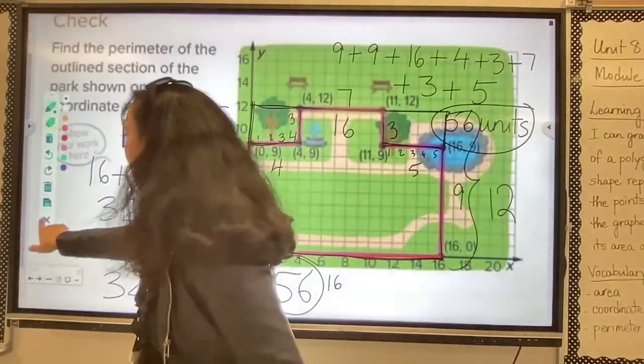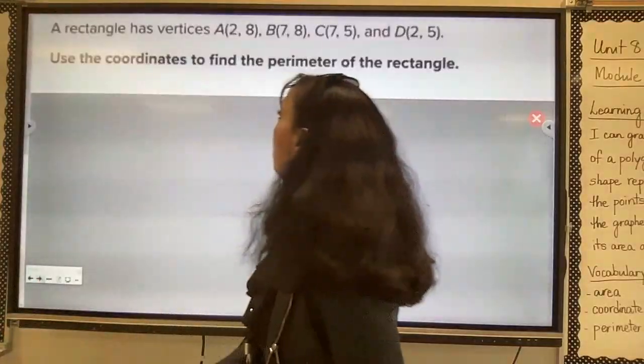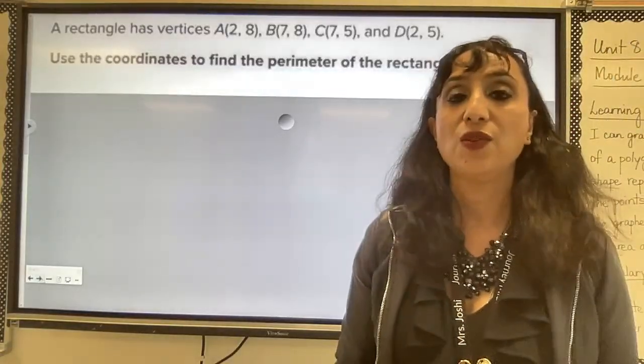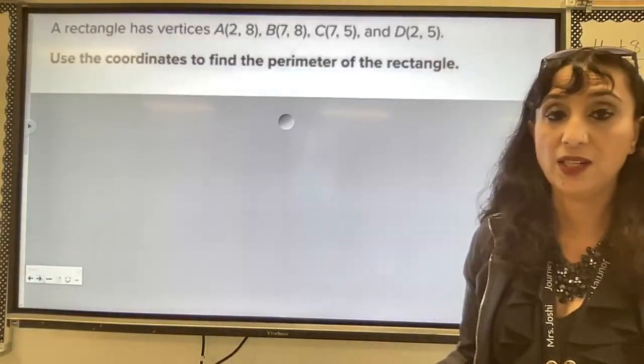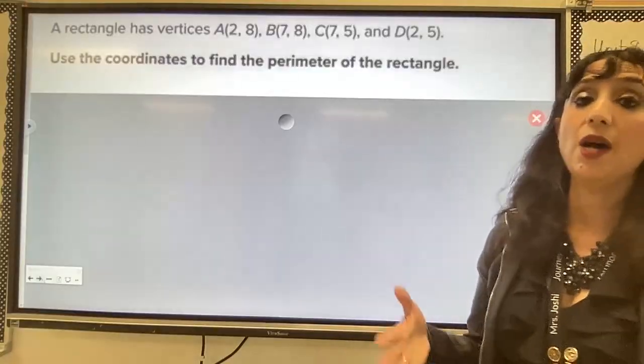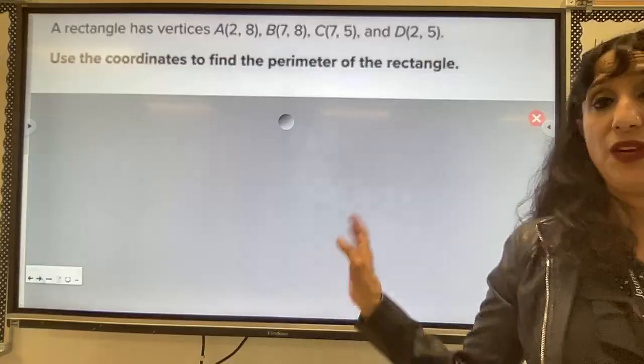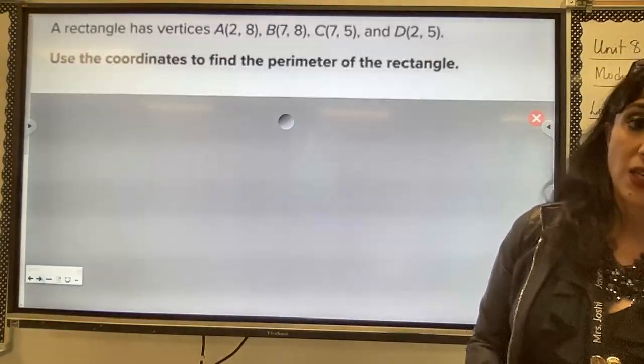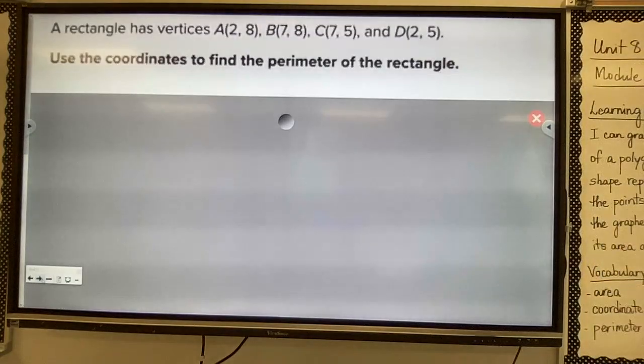Okay? All right. Let's do a problem where we are using the coordinates to find the perimeter of the rectangle. So, I have already drawn this one out for you over here, so I'm going to show it to you, and then we are going to find the perimeter of that rectangle.